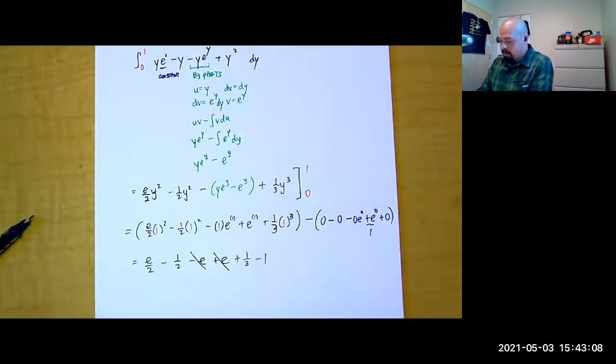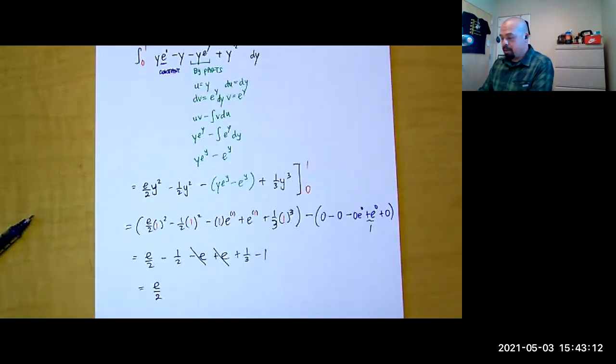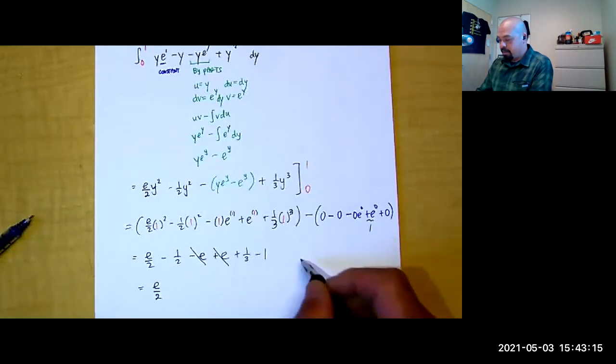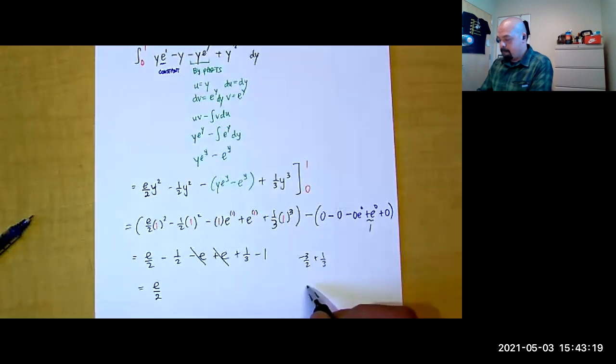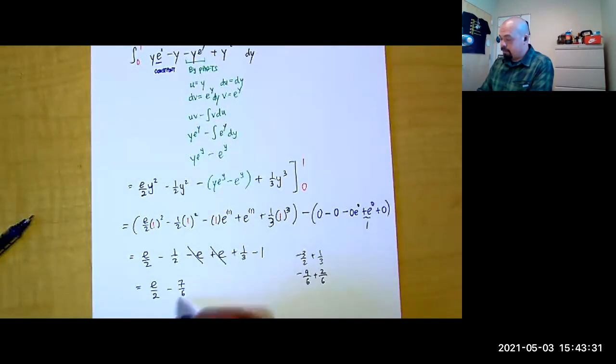Those go away. e over 2, negative 3/2 plus 1/3, negative 9/6 plus 2/6, right? Minus 7/6 there.